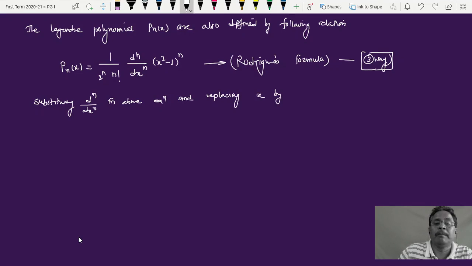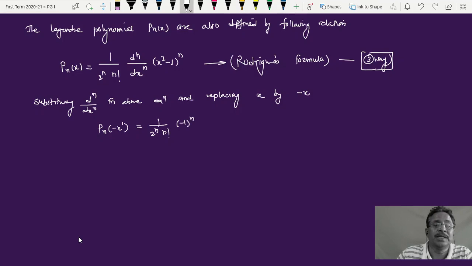Okay, the above equation becomes Pn of minus x prime. Replace x by minus x prime. This will be given as 1 upon 2 raised to n into n factorial as it is. Now this will be minus 1 raised to n.